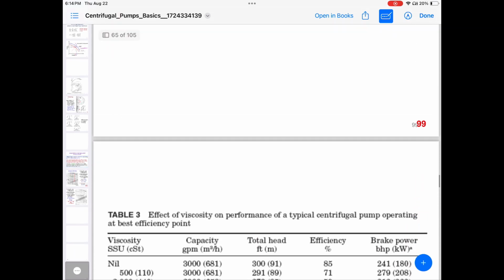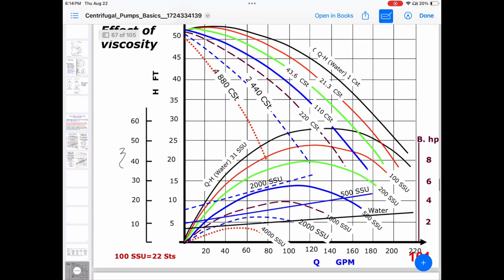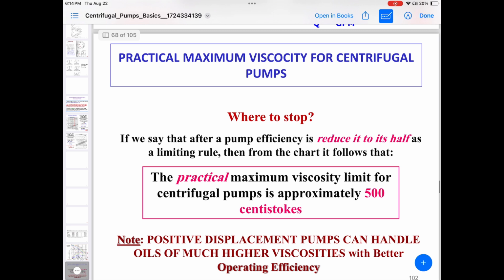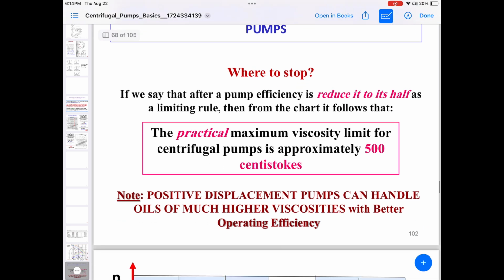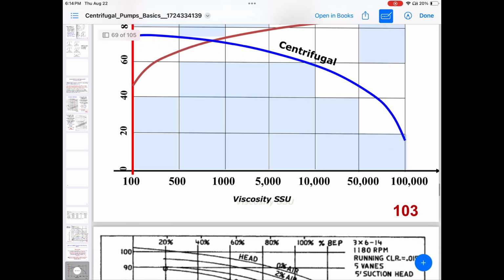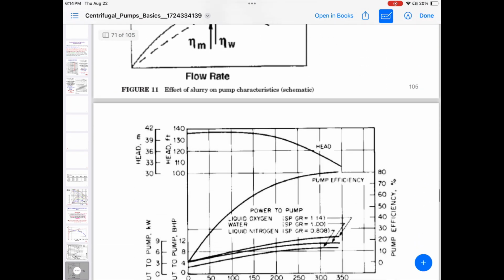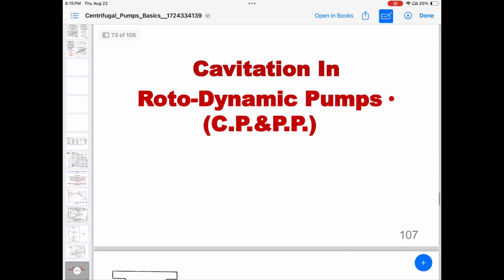Efficiency for velocity, this way to reduce the parallel velocity limit for rotational centrifugal pumps. So there is a type of the purpose of the capacity used for pumps.